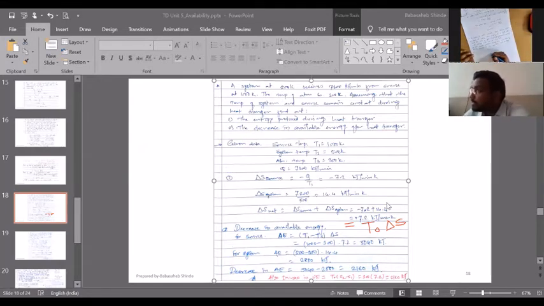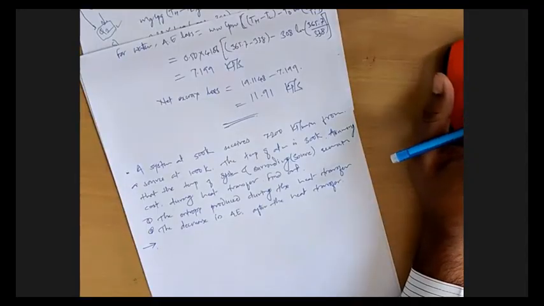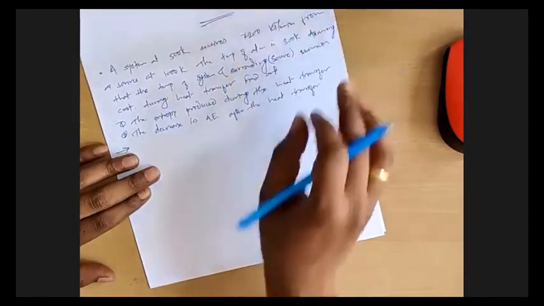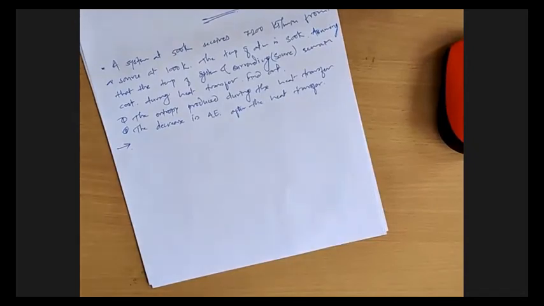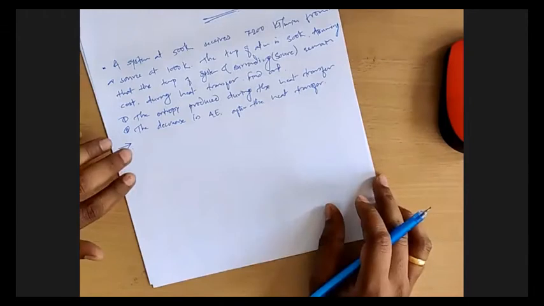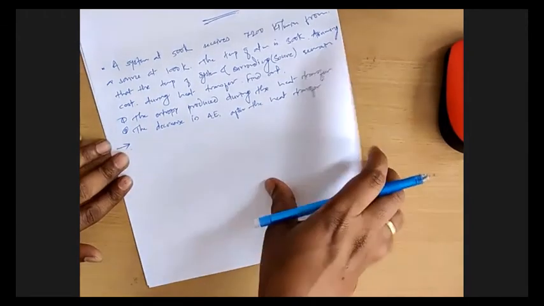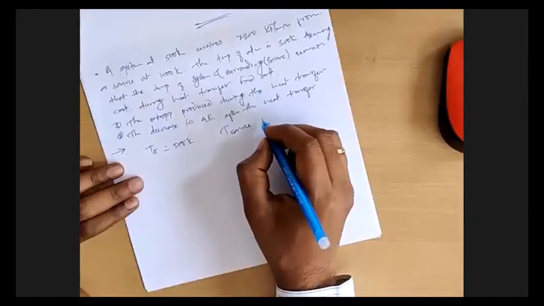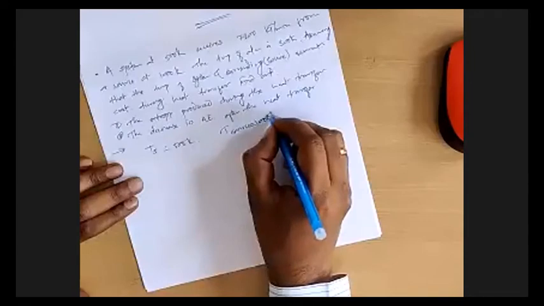Note down the given data. Okay, so there is one system. The temperature of system is 500 Kelvin. Temperature of source is 1000 Kelvin.